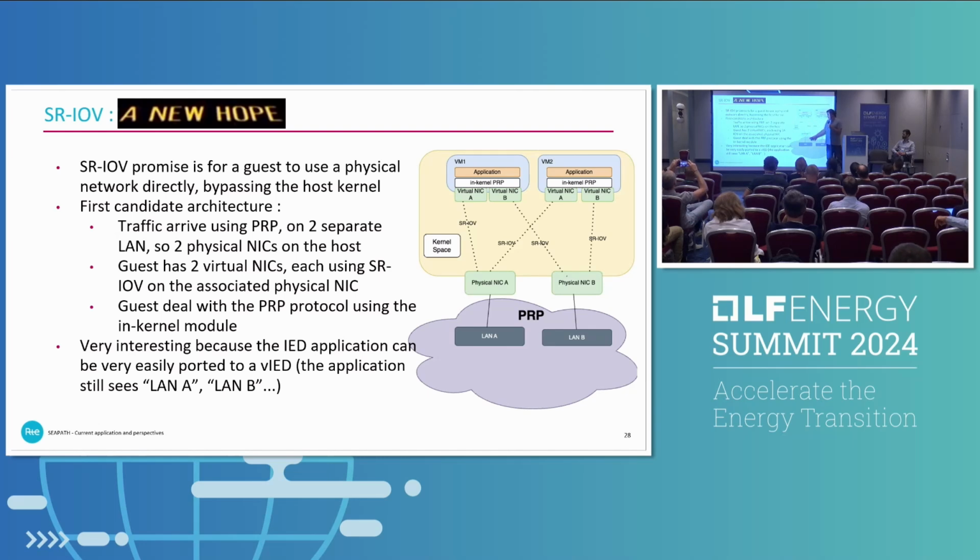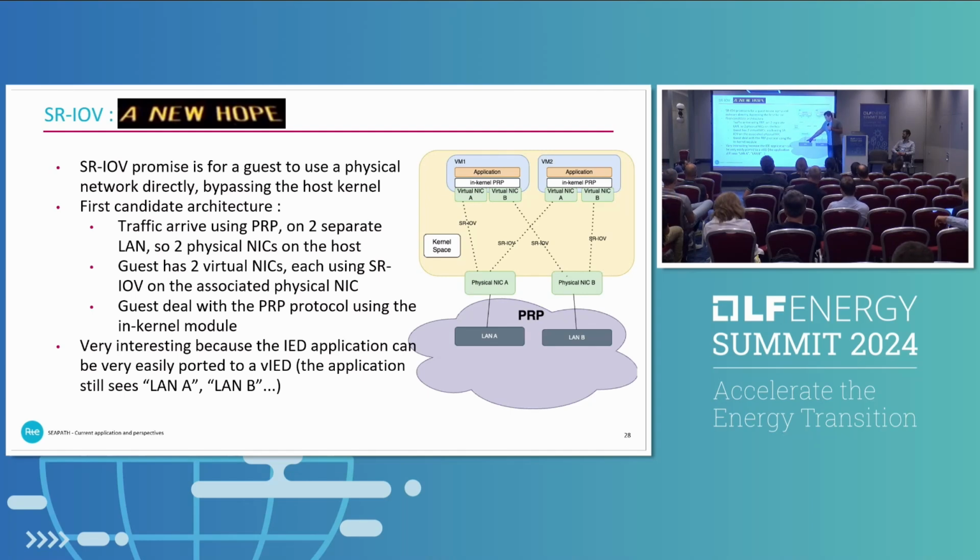So our architecture would basically look like this. We have a standard bus in the substation with PRP, as usual, and we have the two different network paths, LAN A and LAN B, and we want to connect the VM to this PRP network.